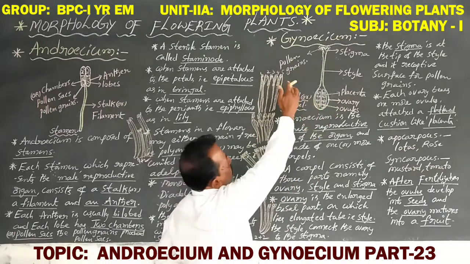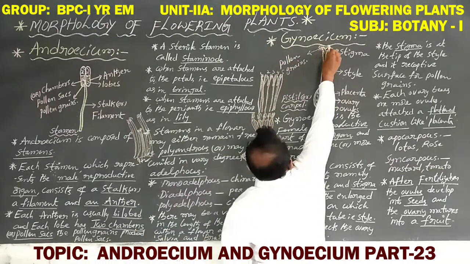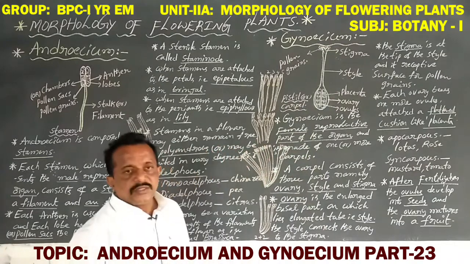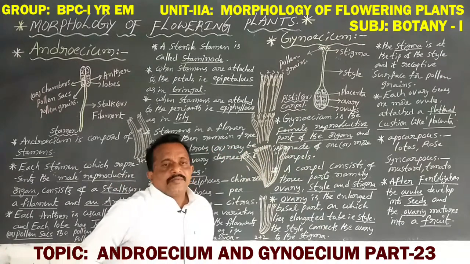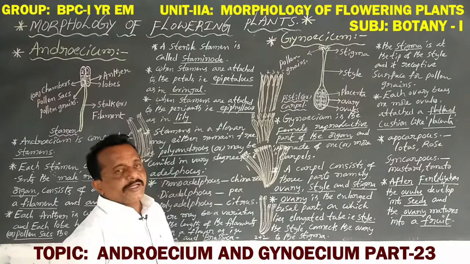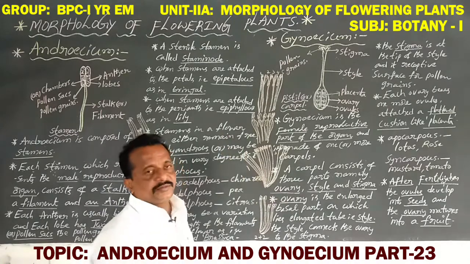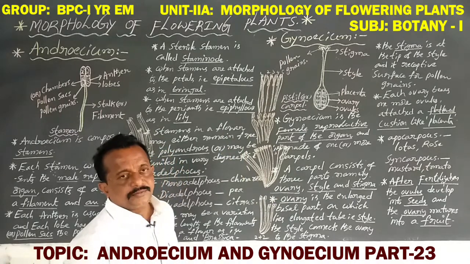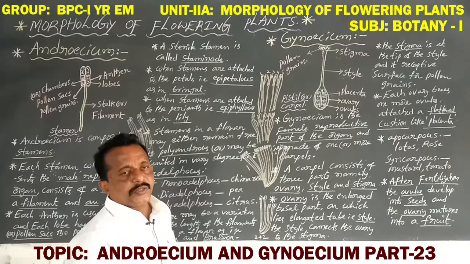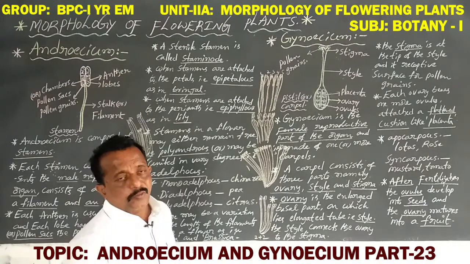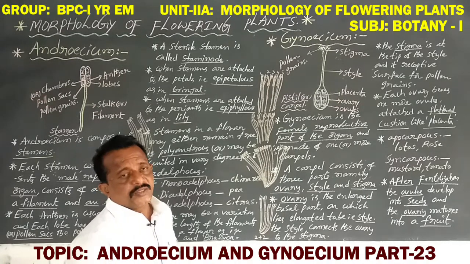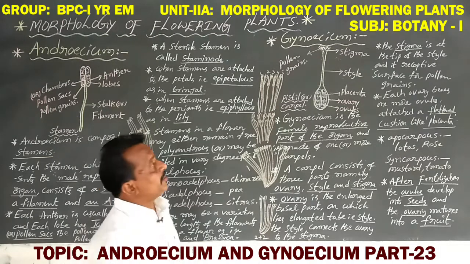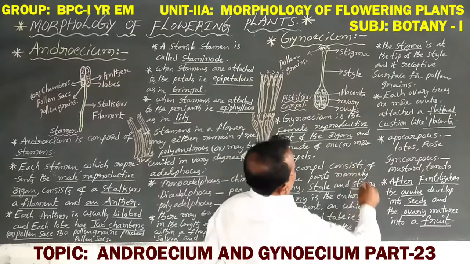When the pollen grains from the anther of the male flower reach the stigma, that is called pollination.